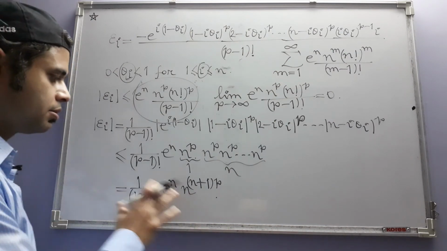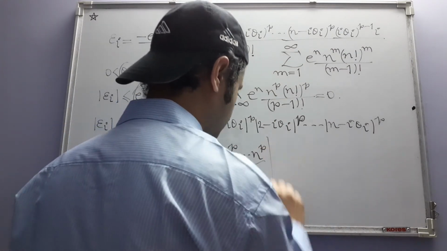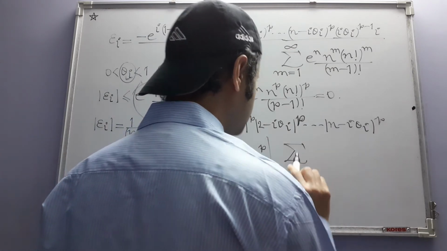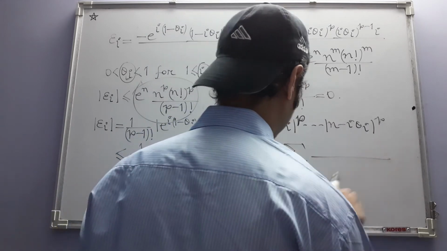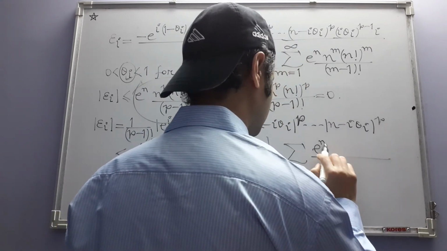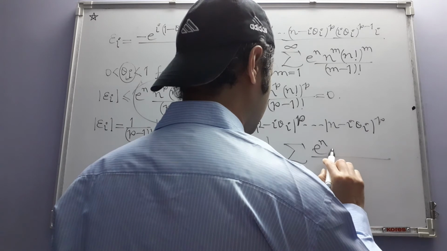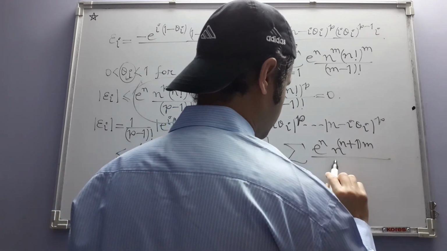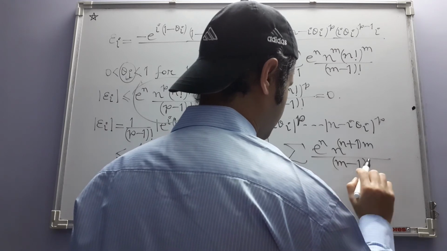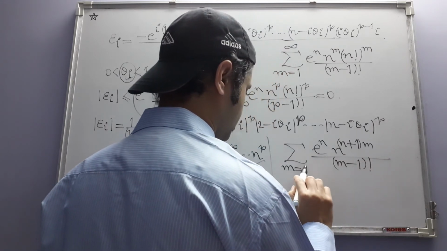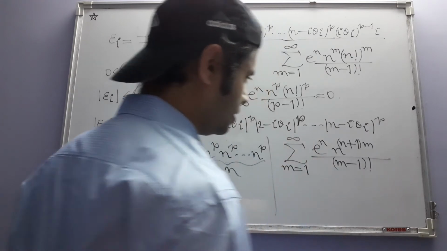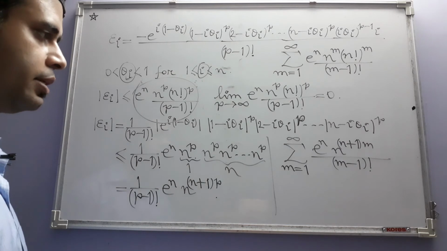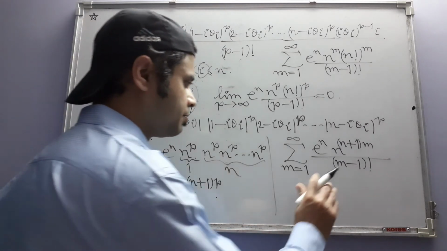Now if I proceed similarly here, is this series convergent? The sum of e to the power n, n to the power (n plus 1) times m divided by (m minus 1) factorial, where m varies from 1 to infinity. Let's apply the ratio test.